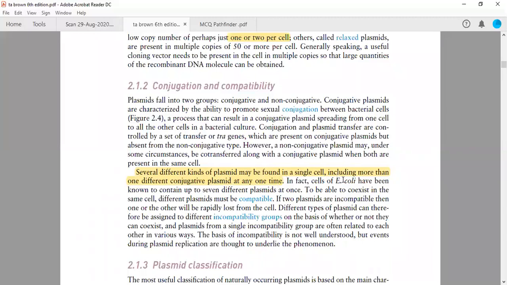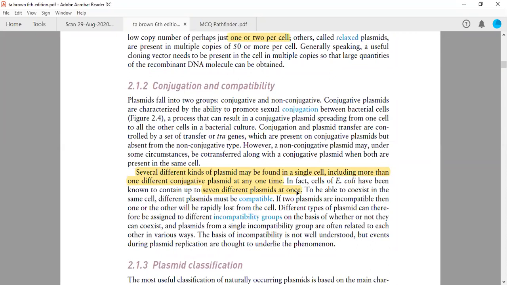In fact, cells of E. coli have been known to contain up to 7 different plasmids at a time. So one thing is they can have 7 different kinds of plasmids.